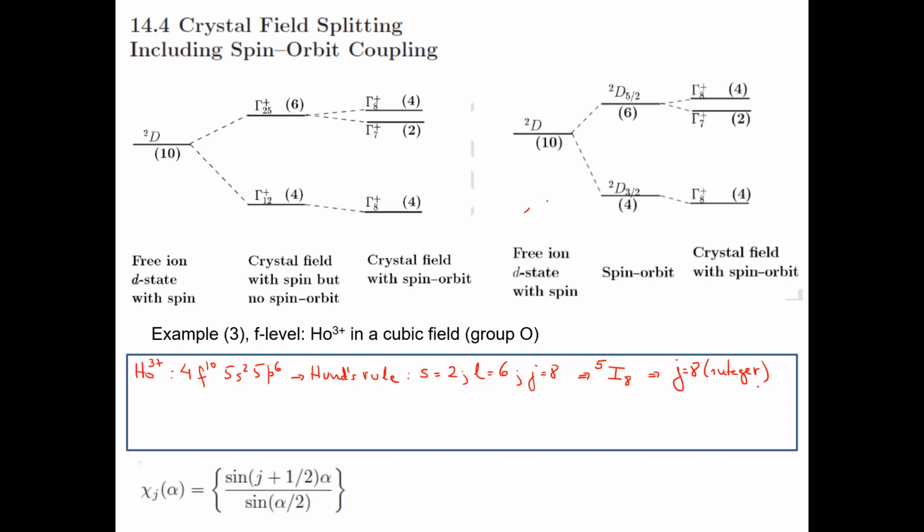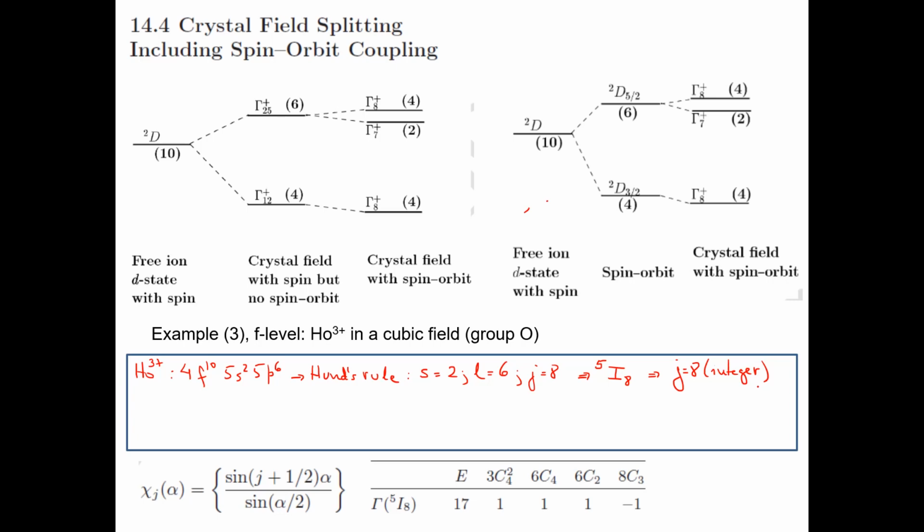Okay, so the way to proceed is then to apply this formula for the characters of a given symmetry group operation, rotation by alpha, and using J equals 8. I'm going to skip that because this is a simple algebra exercise, but after you do that, you get for the octahedral crystal field, this is what you get for the equivalence representation.